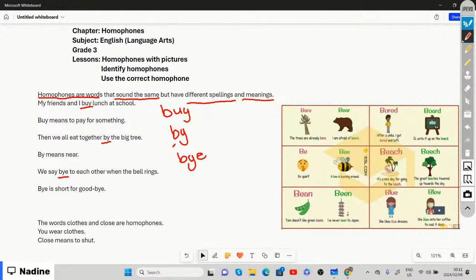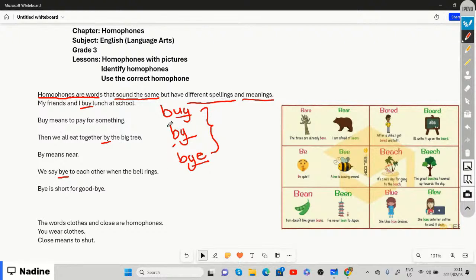Instead of saying the full word goodbye, all you can say is just bye. So these are three words that sound the same, but the spelling of these words is different, as well as the meanings.